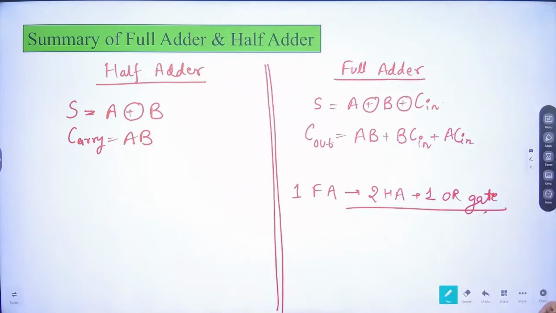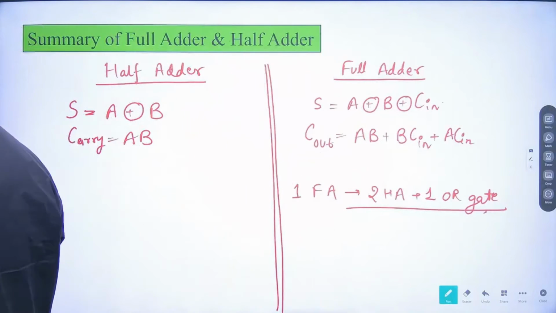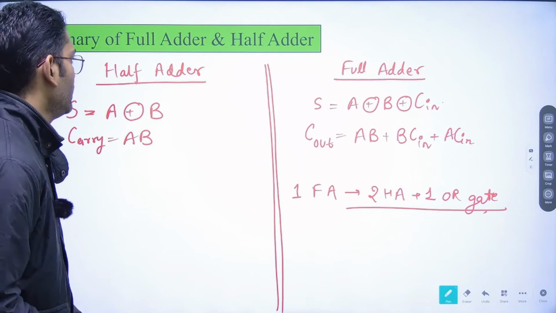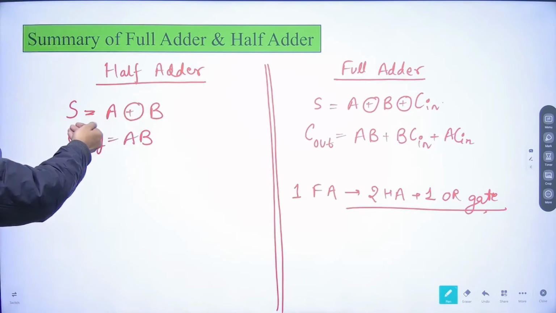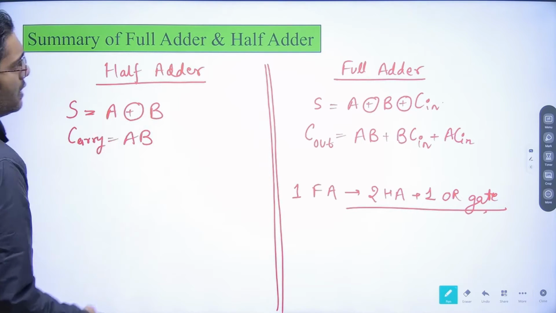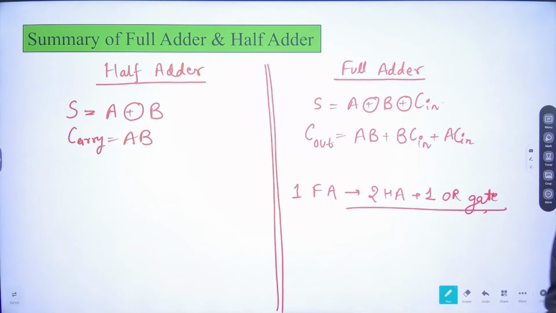So this is the basic summary of the full adder and the half adder. You can easily remember, in the half adder it is A XOR B, carry AB, and in the full adder it is A XOR B XOR C in, and C out is AB plus BC plus AC.